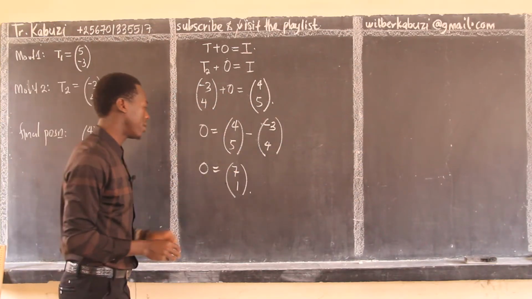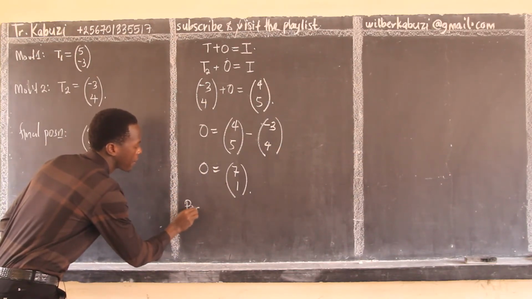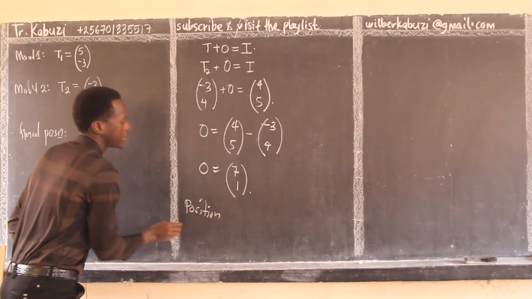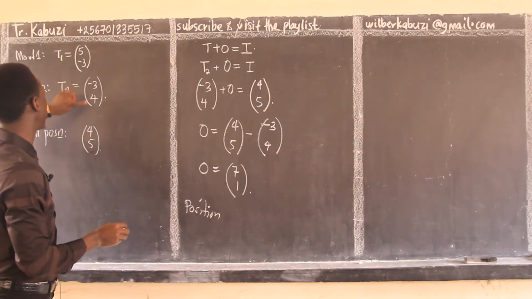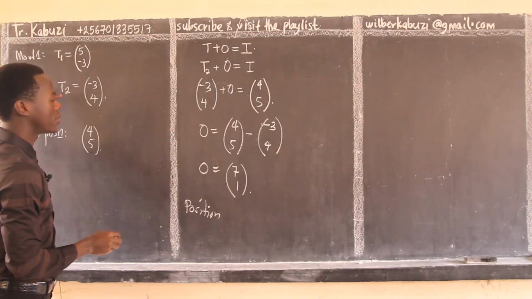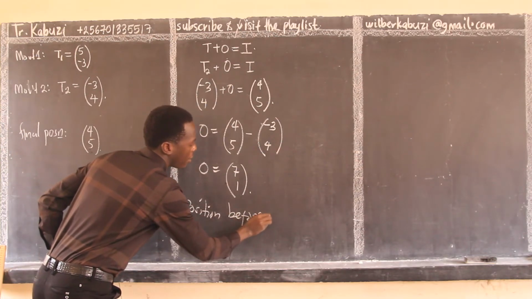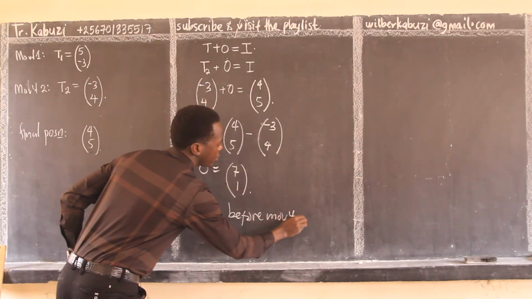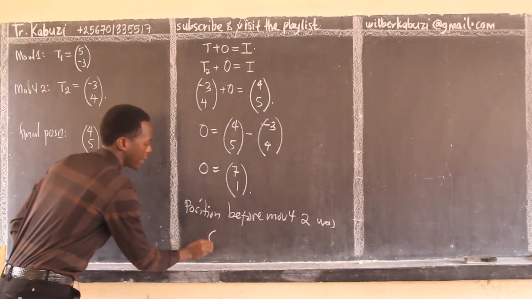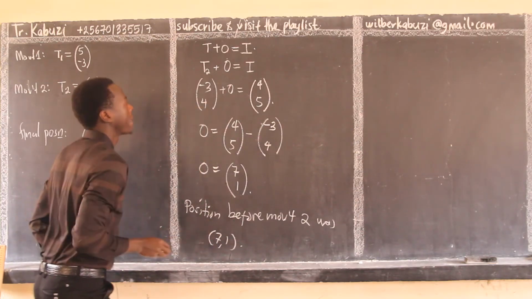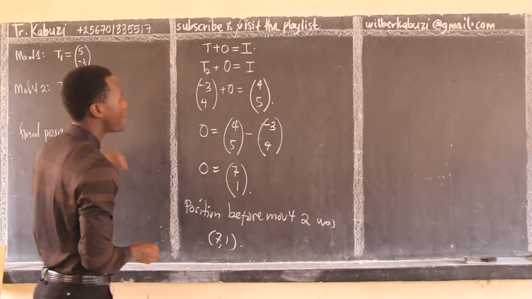So this is now the second movement position. The position before movement 2 was (7, 1).